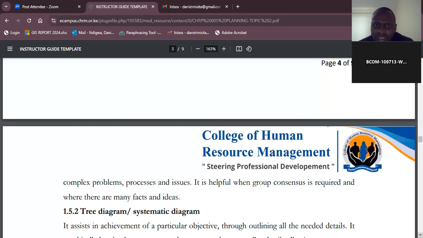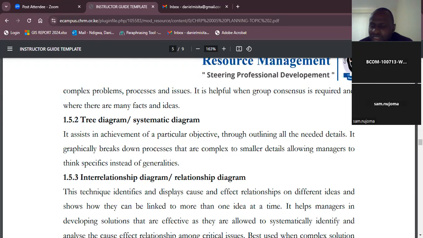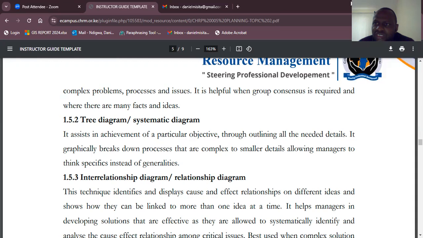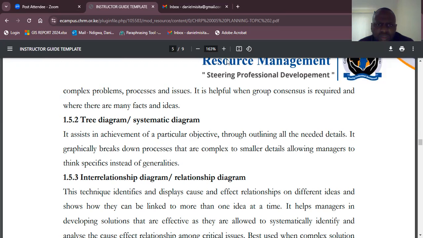Then the other second one is called a tree diagram, or also called a systematic diagram. This is a diagram that assists in achievement of particular objectives through outlining various details. So basically, it helps in ensuring that at the end of the day, you are able to outline various details that are needed.